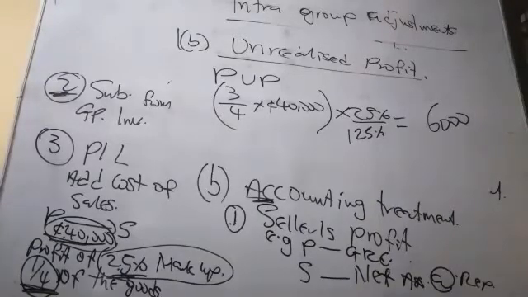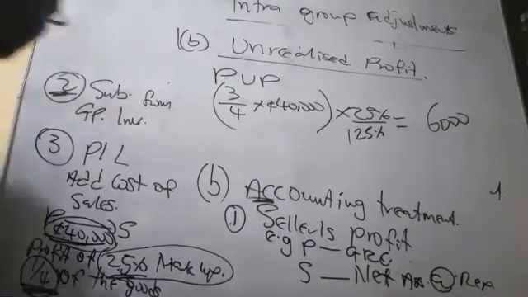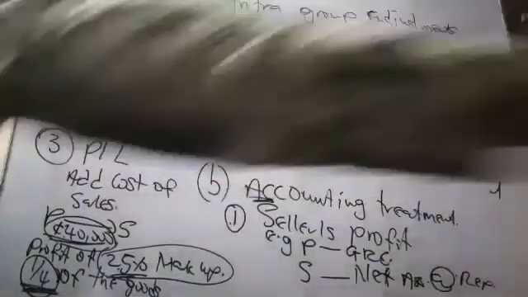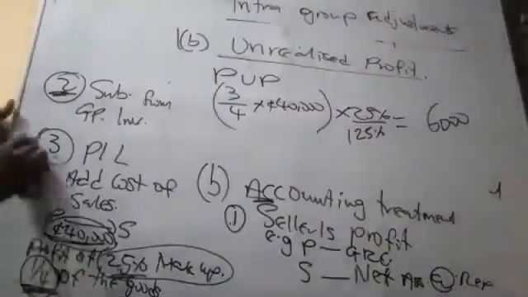So now let's pick a few examples on how to arrive at the unrealized profit, which is the one causing the issue. I'll write three examples, then we look at them.